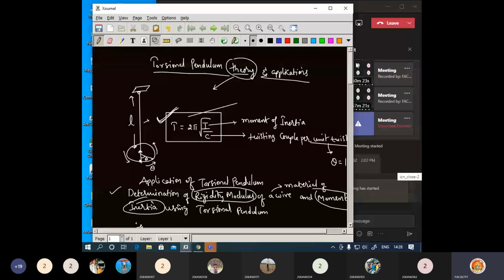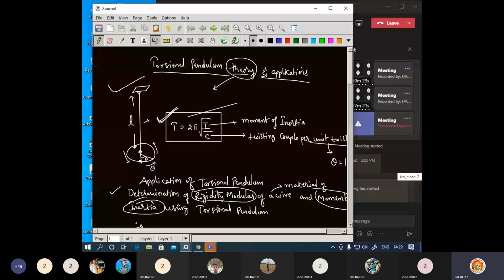Let us repeat the points here. We had seen the theory part of the torsional pendulum, and now we are seeing the applications. First we considered the torsional pendulum with the length of the wire as L, and a disc placed on it.